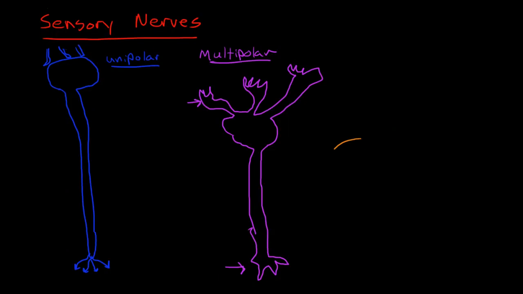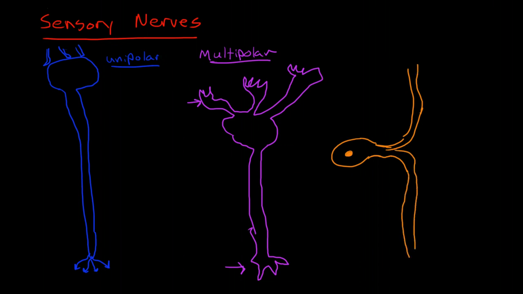Now, the type that we are concerned about with the sensory nervous system is what's called pseudounipolar. And what happens is, during our embryonic development, we develop these unipolar neurons. But the axon actually branches into two, and then as we develop, these two axons get fused together and make one nice long axon.